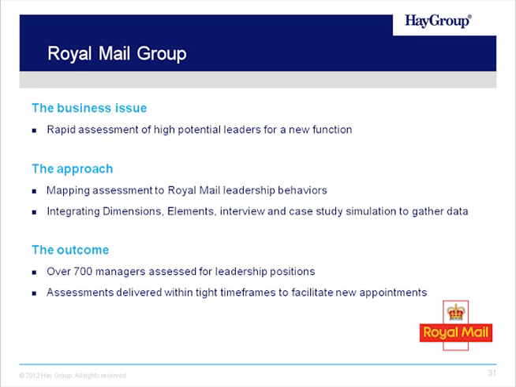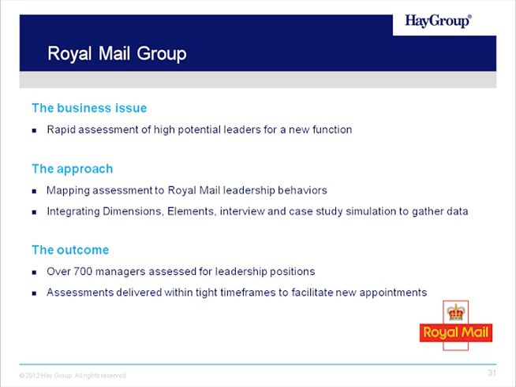And just as another example as well, the Royal Mail Group, which essentially is the UK version of the United States Postal Service, made use of dimensions and elements assessments to facilitate their appointment of high potential leaders into new positions. Because dimensions, the personality assessment, can be mapped to an organization's competency model, Royal Mail did just that.